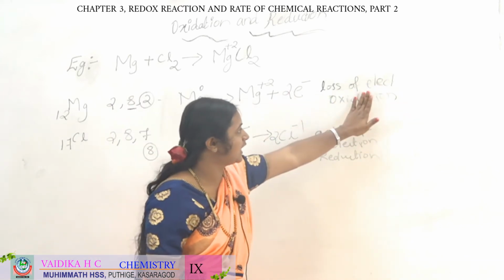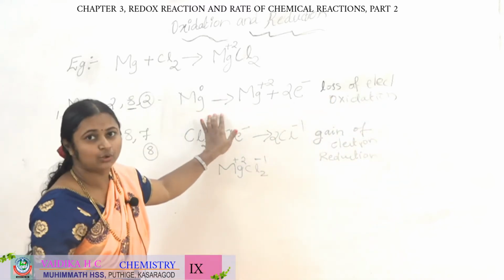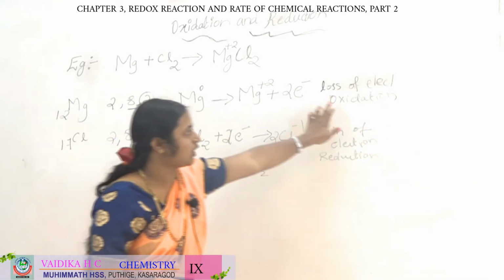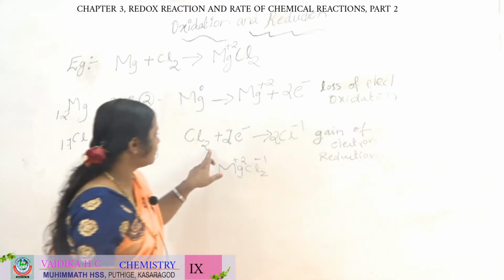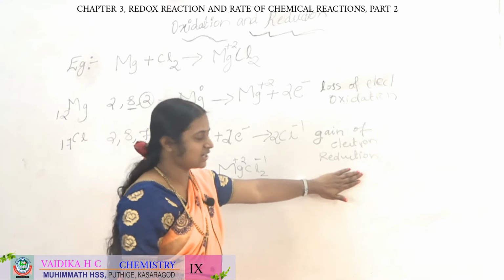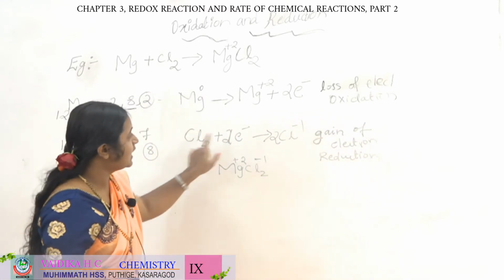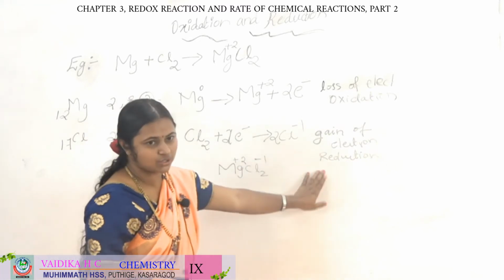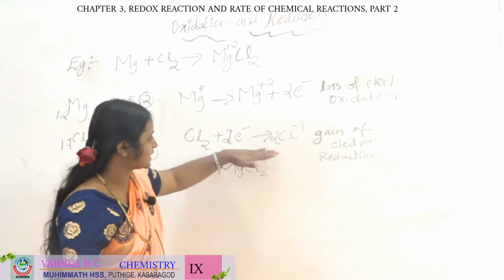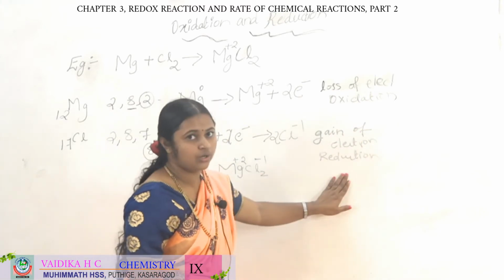This loss of electrons is called oxidation. The process where electrons are lost is called oxidation. The process where electrons are gained is called reduction. So gain of electrons. Here chlorine gains the electrons and it is called reduction.